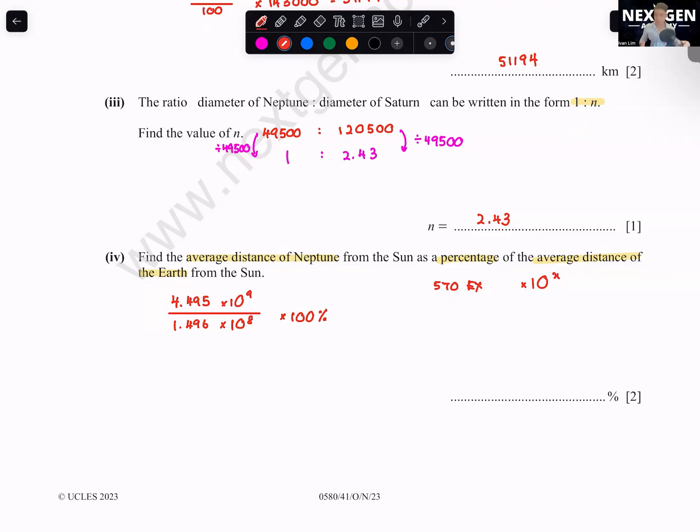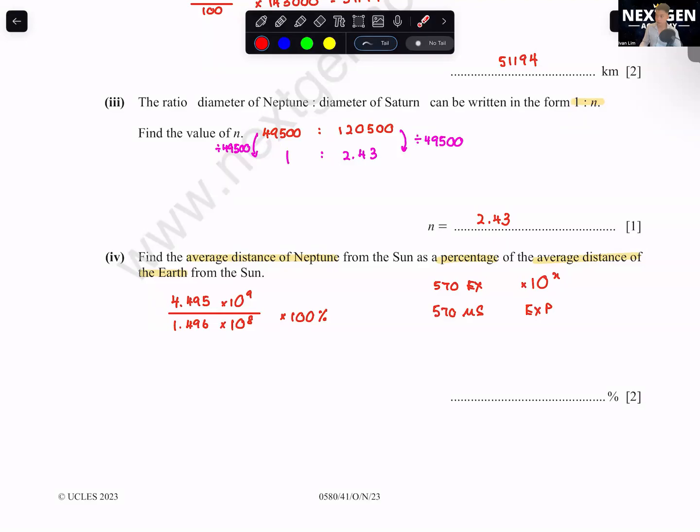If you are using the black calculator, the 570MS, you can use the EXP button. Do you see it? All the way at the bottom. You type 4.495, then press EXP, then press 9. You don't need to put it as a power. EXP means times 10 to the power of whatever value follows.